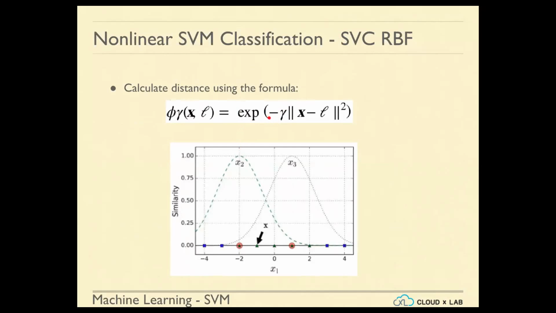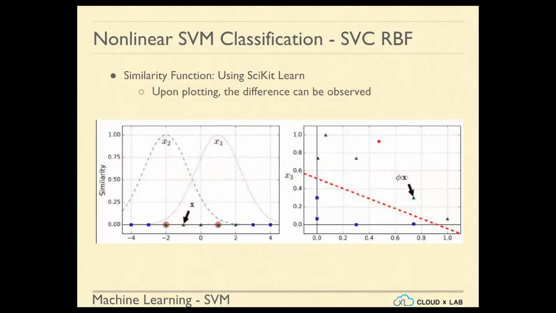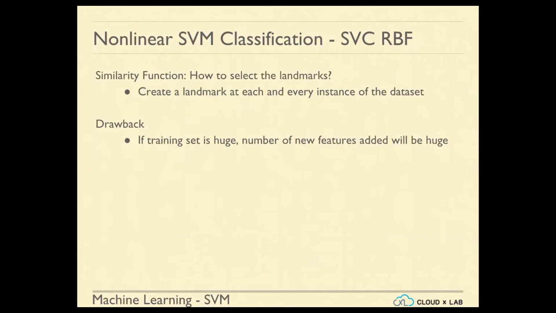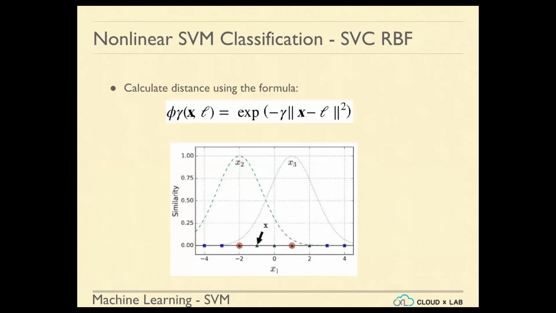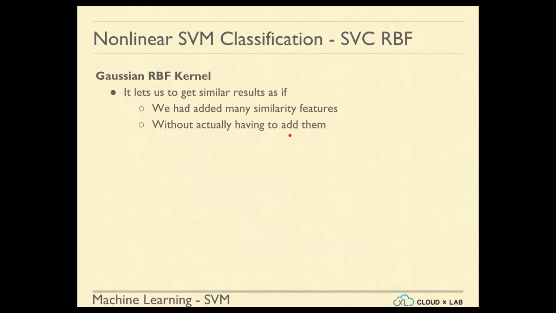If we increase gamma, this distance will become smaller. And if we reduce gamma, then the distance will become higher. As in the similarity will, sorry, not distance. I think this is similarity only. Now let's go ahead.